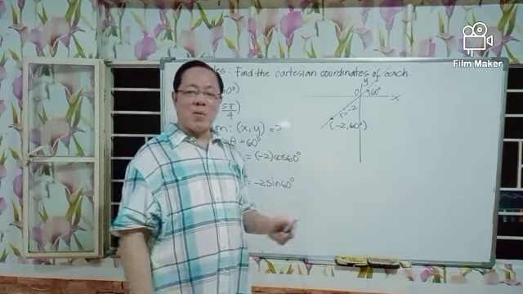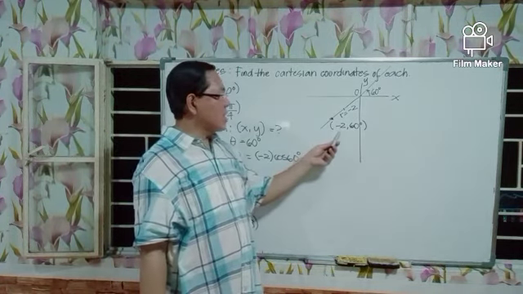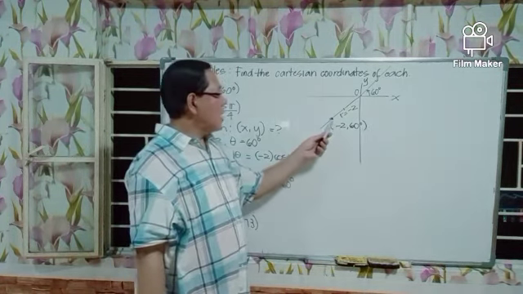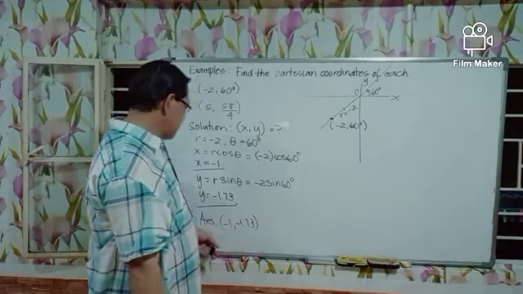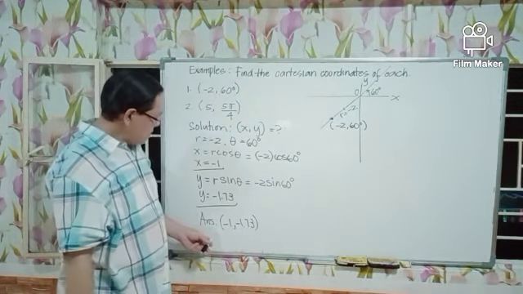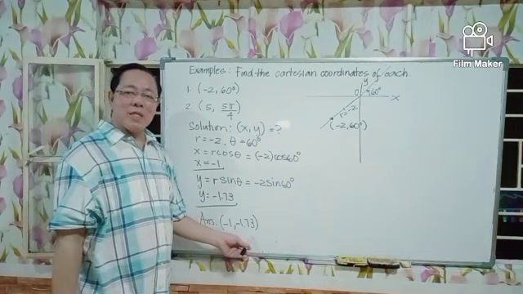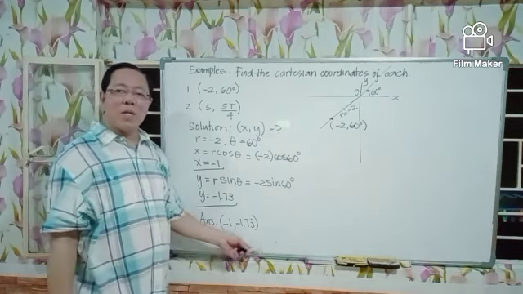And that is the point with the given polar coordinates negative 2 and 60 degrees. And this point has Cartesian coordinates negative 1 and negative 1.73.